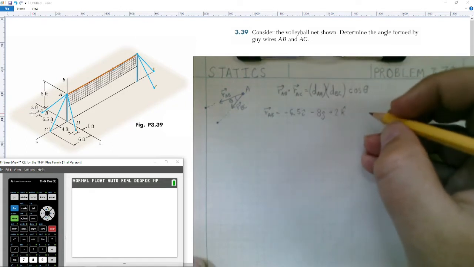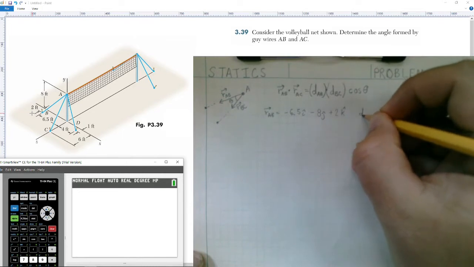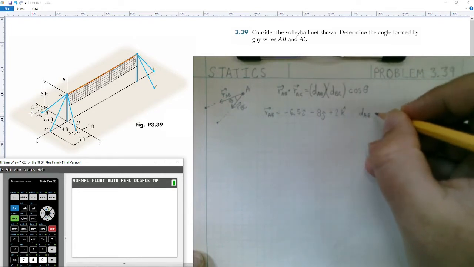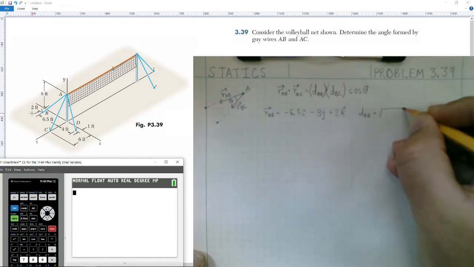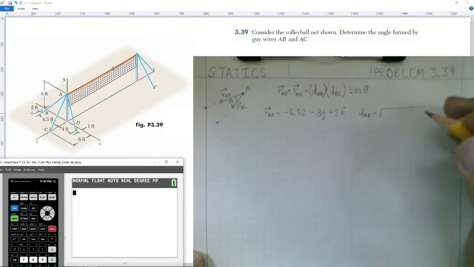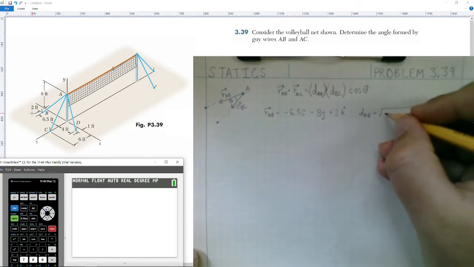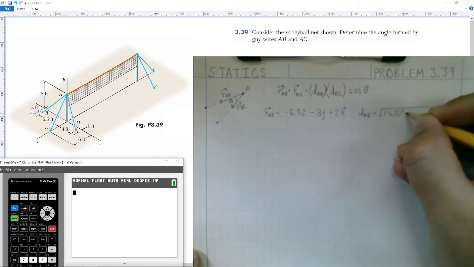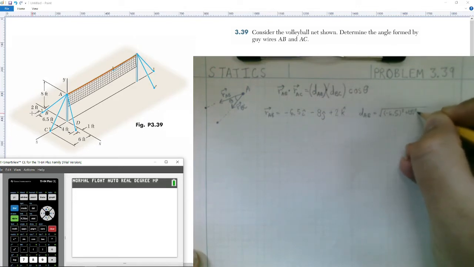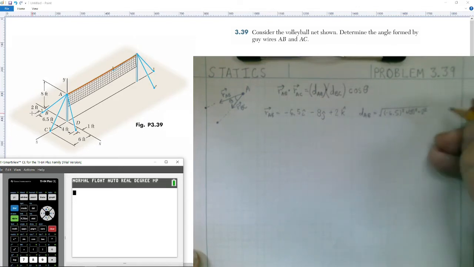Now we can go ahead and find the magnitude of the distance A to B, by using our square root distance formula. So we take the square root of each component squared and add it together. So we have, in parentheses, negative 6.5 squared plus negative 8 squared plus 2 squared.